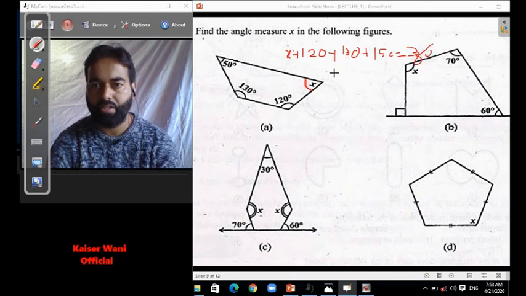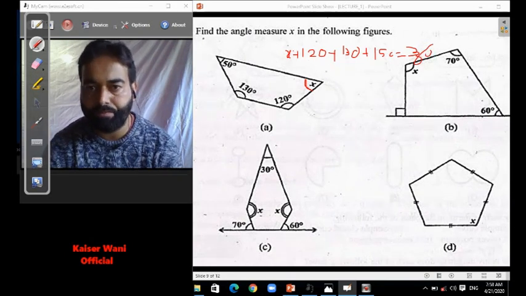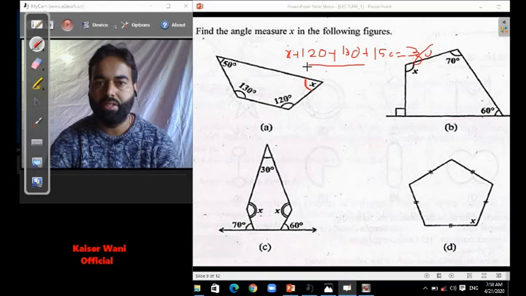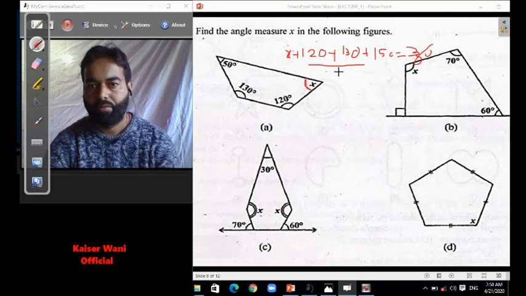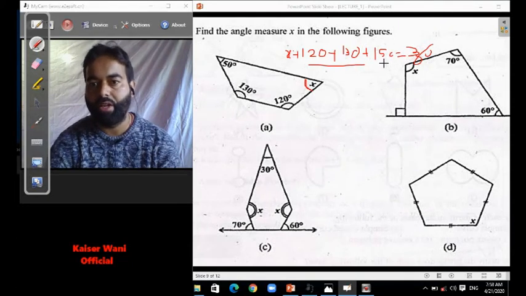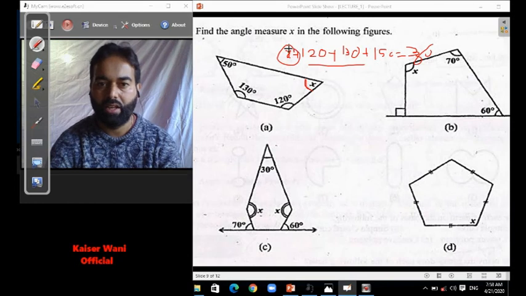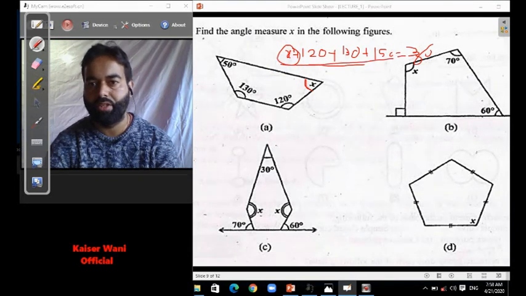Then you add 120, 130 and 150, and we can easily calculate angle x by using this equation.